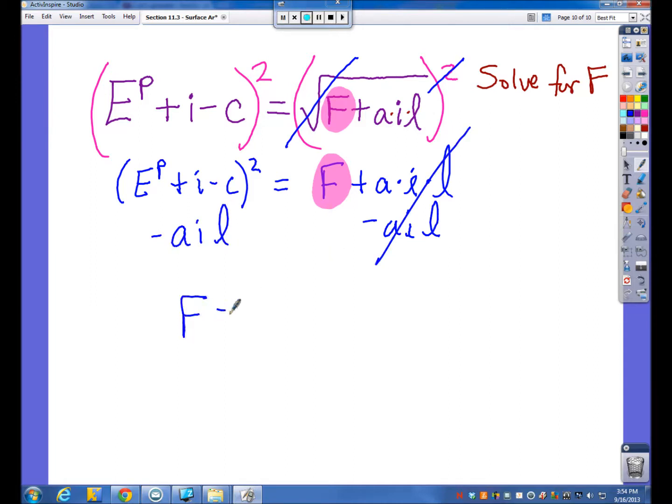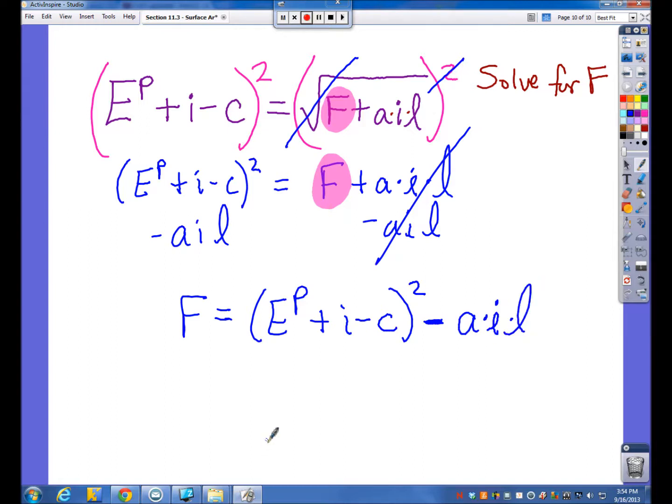So now I have F equals E to the p plus I minus c, all of that squared, minus really a times I times l. And there's my equation of F in terms of all of these other variables.